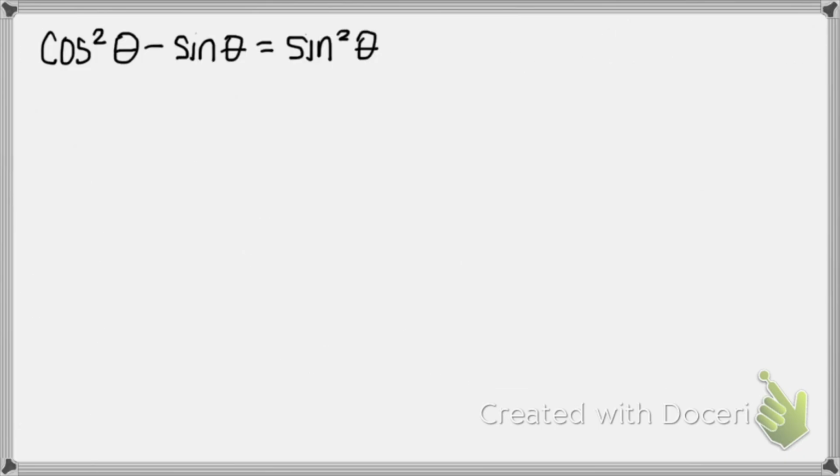Okay, with this problem, we're noticing that we've got a mismatch, right? I've got cosine and some sines. And in order to solve, and unless I see a way that I'm going to be able to factor, I'm going to have to make some adjustment here.